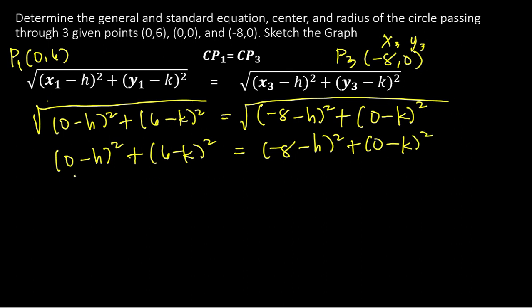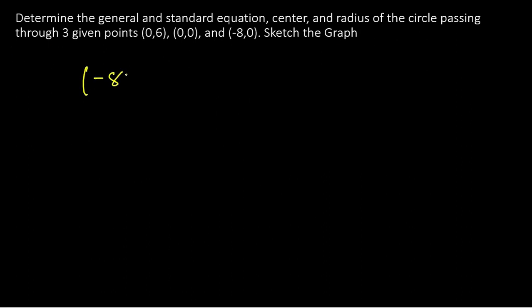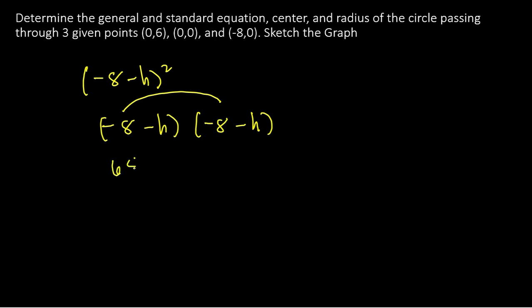Now let's expand this. It's the same as before: didn't we already expand point 1 earlier? Again, the answer is h squared, then plus 36 minus 12k plus k squared is equal to, for this one, when we expand it, (negative 8 minus h) squared is equal to (negative 8 minus h) multiplied by (negative 8 minus h). Again, we may apply the FOIL method. Negative 8 multiplied by negative 8, we have positive 64.